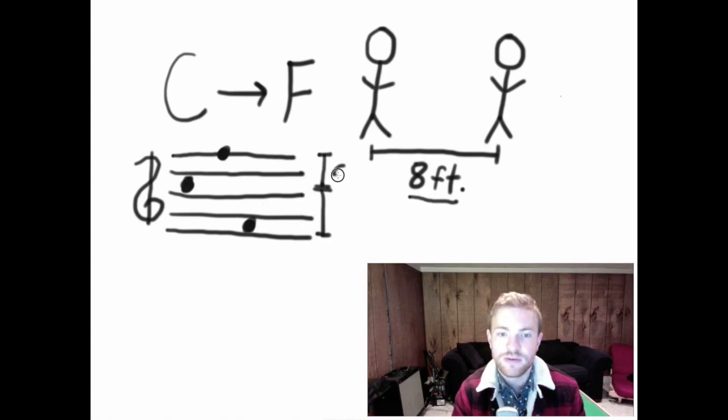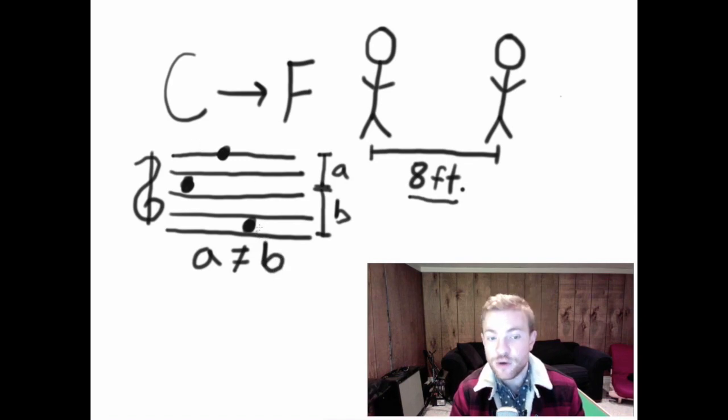So if we called this interval A and this interval B, basically just A does not equal B in this case. When we do this, this is called inverting an interval, taking one note of the interval and changing the octave that it's in. So you kind of leapfrog the other note and put it on the other side, right? And when you invert an interval, it changes the interval.